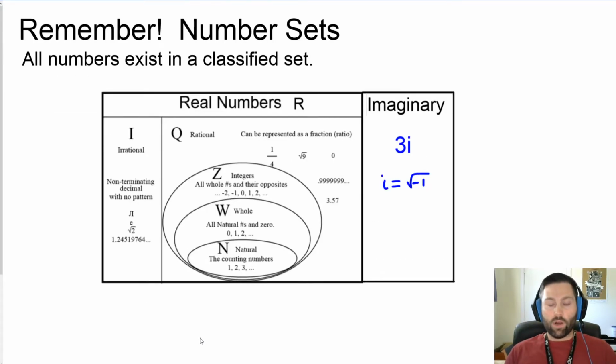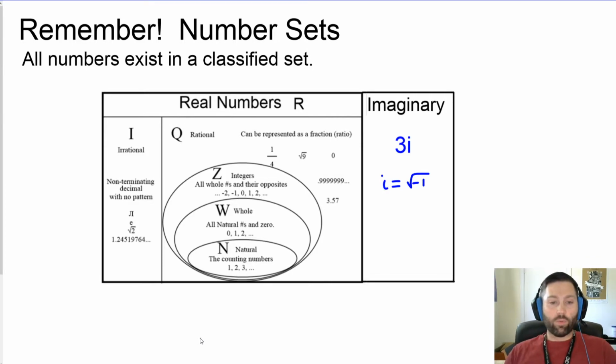A friendly reminder that in the last lesson that we learned, we talked about all numbers existing in a classified set, and the classified set here is the real number set. When we talk about functions like graphs, equations, quadratics, linear equations, cubic equations, any kind, those graphs have a domain that exists as part of the real number system.